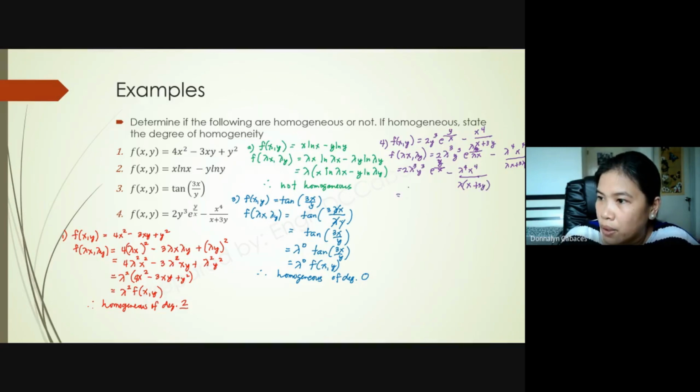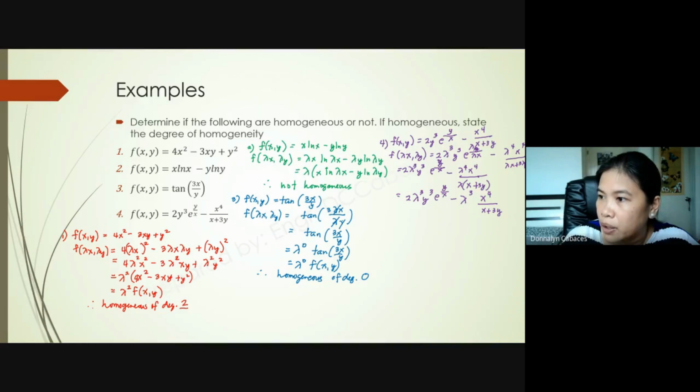So this is now equal to 2λ³y³ e to the y over x minus, so λ to the 4th over λ is λ³, x to the 4th over x plus 3y.